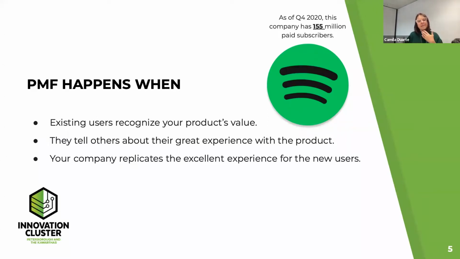So the CEO banked on the possibility that this market of users would pay a small fee for legal access to the music, and he was right. As of Q4 in 2020, Spotify had 155 million paid subscribers. And it all started by saying, okay, what are the pieces that we have right now, and how are we going to make this product market fit based on what is out there and the research they did.